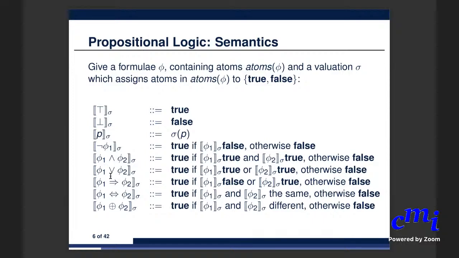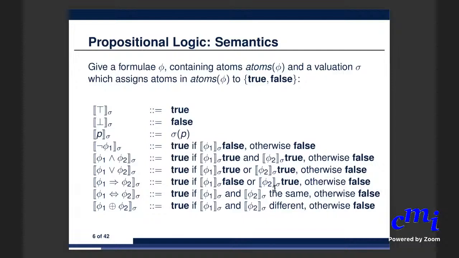The disjunction is defined as: if either of them or both are true, it is true, otherwise it's false. Implication, this is logical implication as you would see. So if the interpretation of phi1 is false, then the entire formula is true.